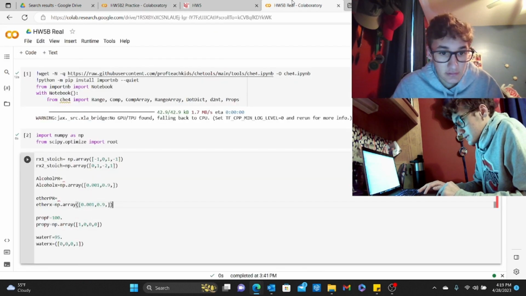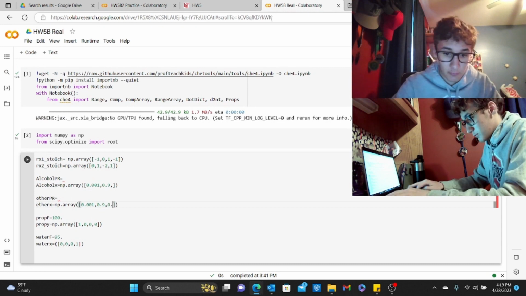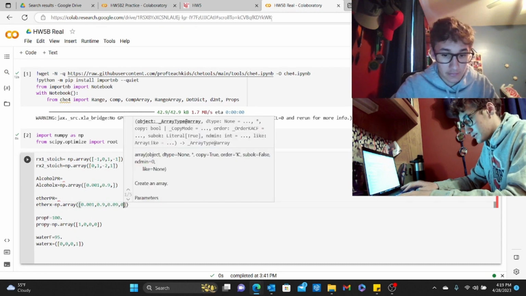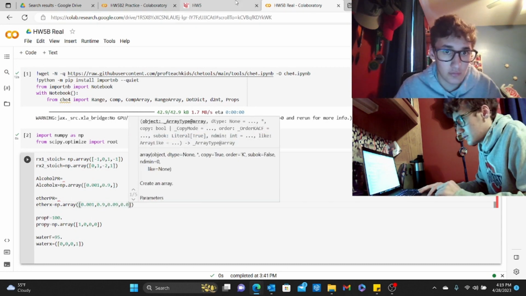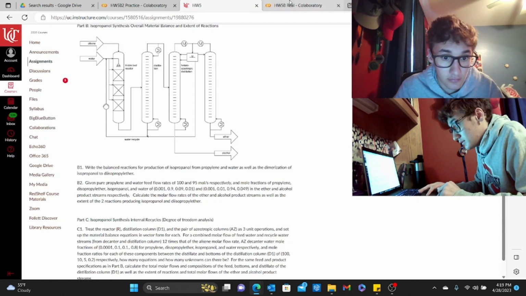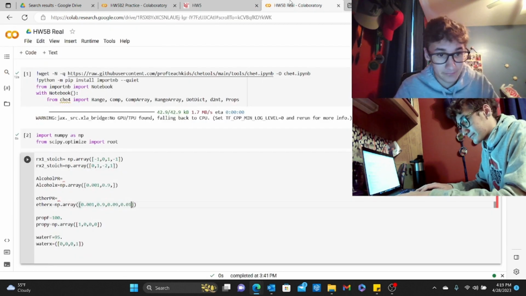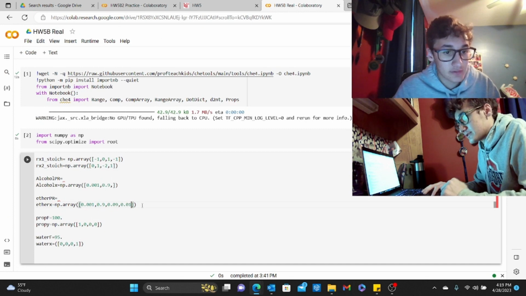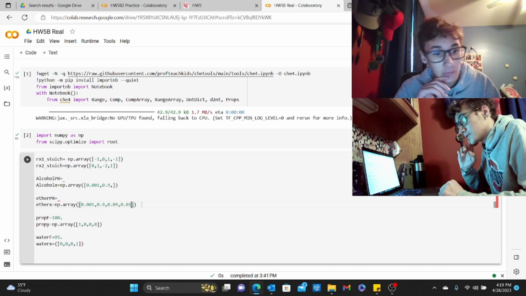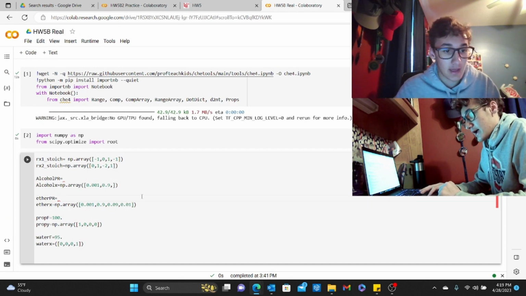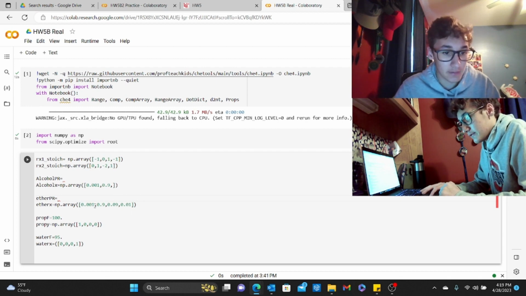So it is then 0.09 and then 0.01. And if you notice something, there's a small typo in this, as we want all of our mole fractions to equal 1. And if you notice, this right here equals 1. But then there's a very small typo here.